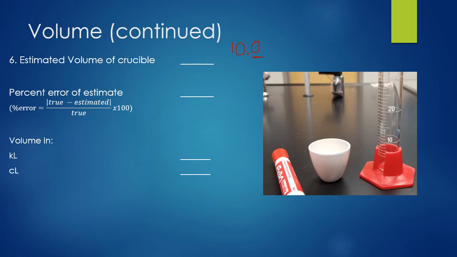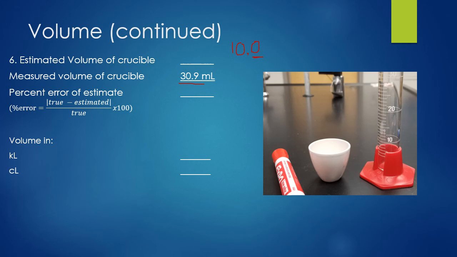All right, so make sure you have that number because now I'm going to give you how much can actually fit, but I want you to guess before you see the true value. So how much can actually fit in that crucible is 30.9 milliliters. So we're going to use these two numbers, estimated and measured, to calculate percent error.